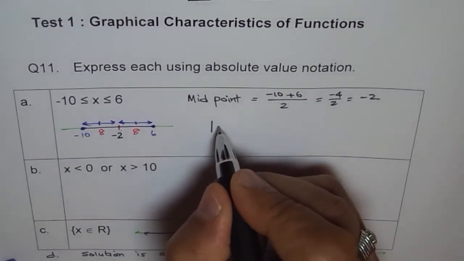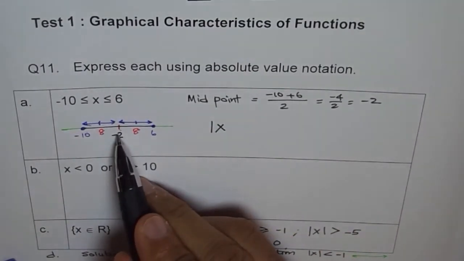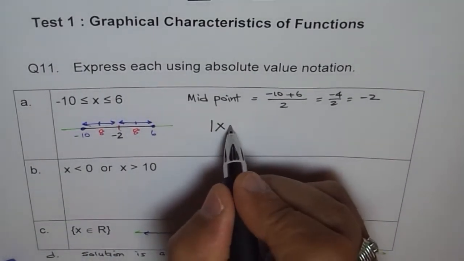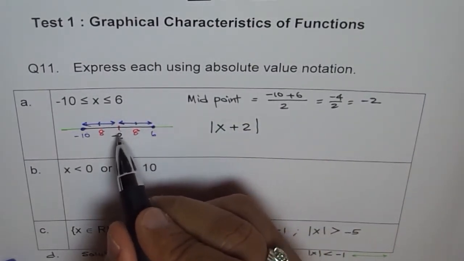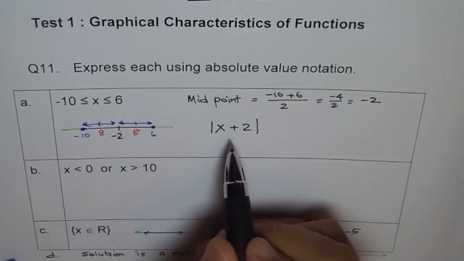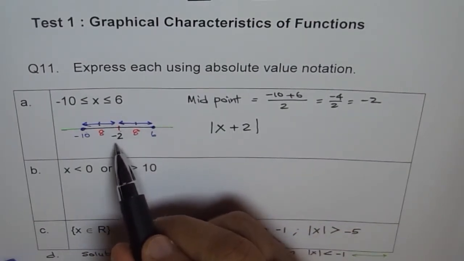Then we say our absolute x, when shifted 2 units to the left, means x plus 2. So we shifted our absolute function to the left. The vertex of the absolute function is not at 0, it is at minus 2.